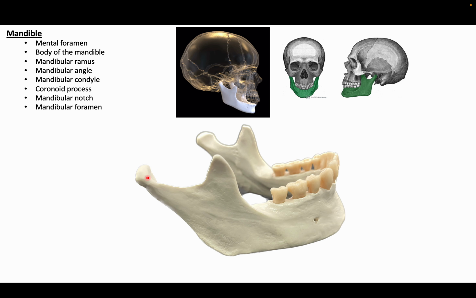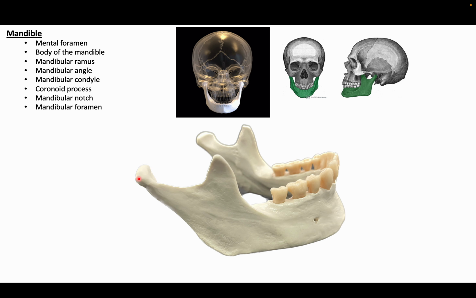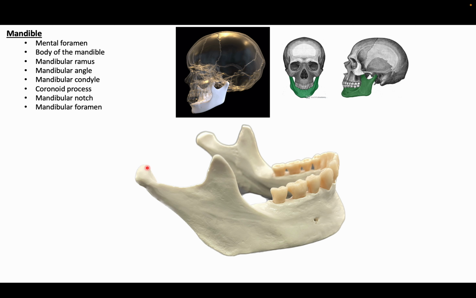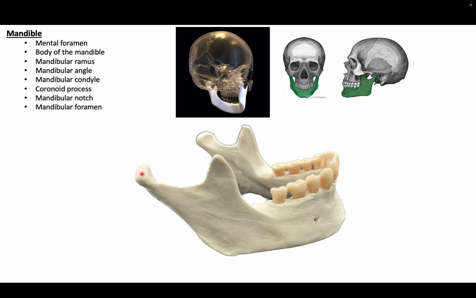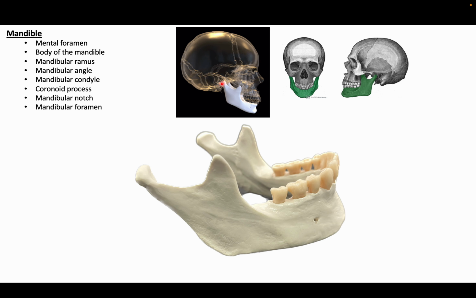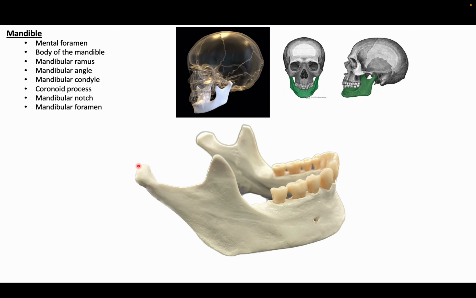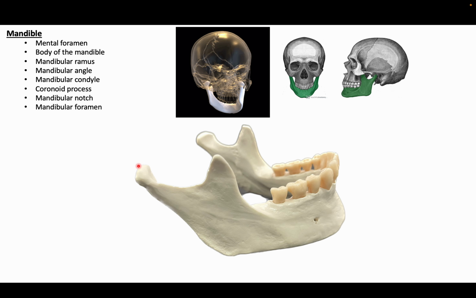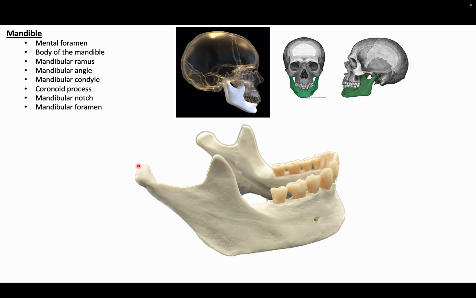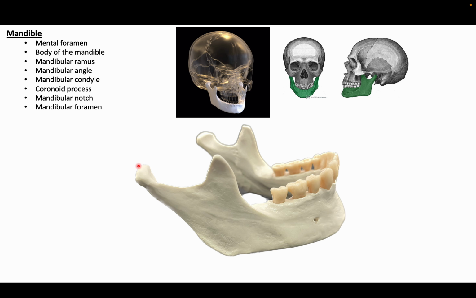The mandibular condyle articulates with the temporal bone, and it's when it's connected to the temporal bone that it helps open and close the jaw.